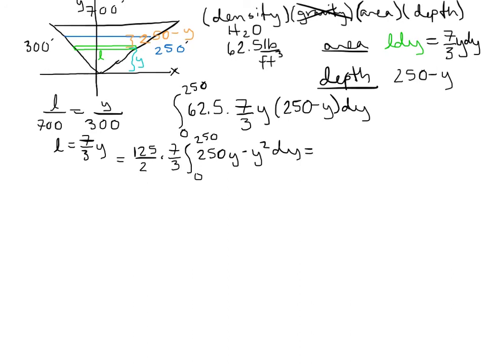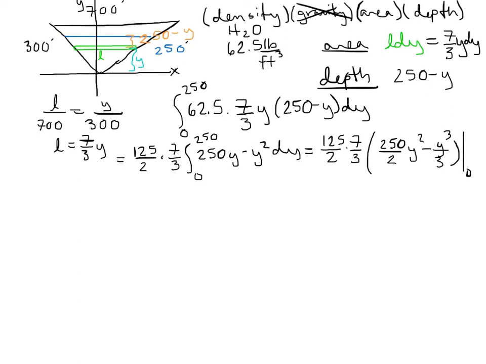And so I've got 125/2 times 7/3, and when I integrate, I get 250/2 y squared minus y cubed over 3.